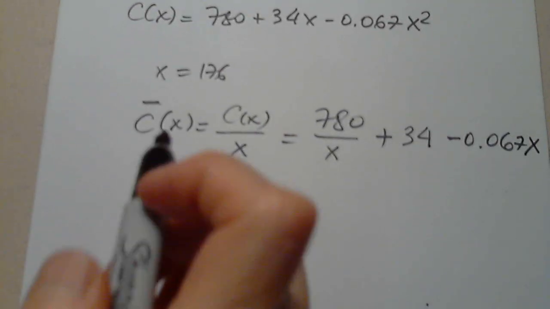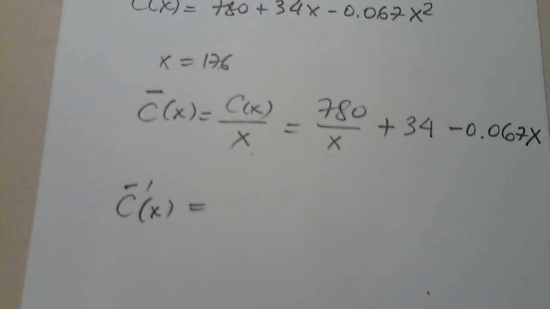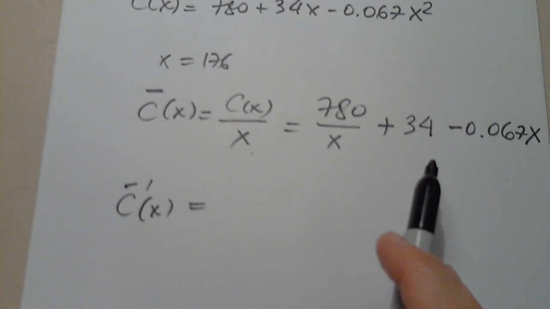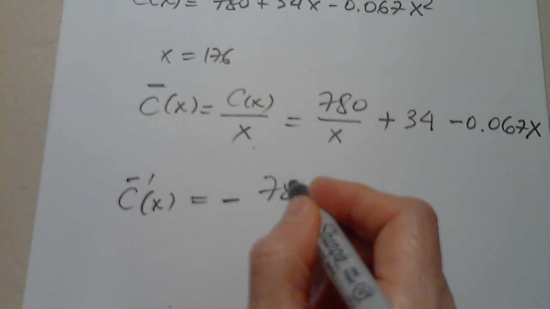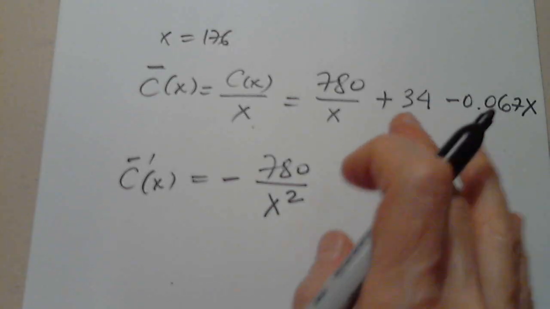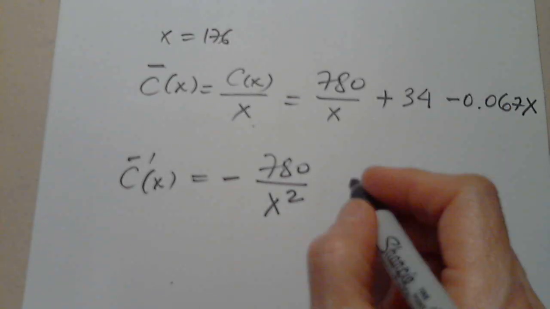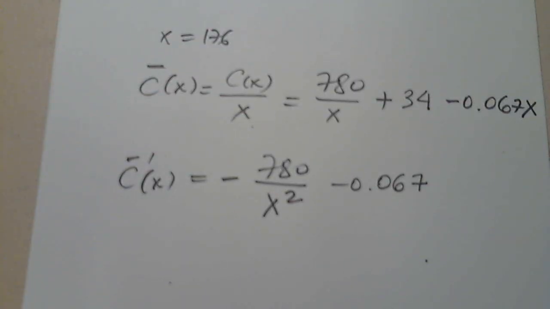So now I have to find this function prime. Remember, we just reviewed this. 1 over x prime is negative 1 over x squared. This prime is nothing, and this prime is negative 0.067. What I need to do is one little thing.